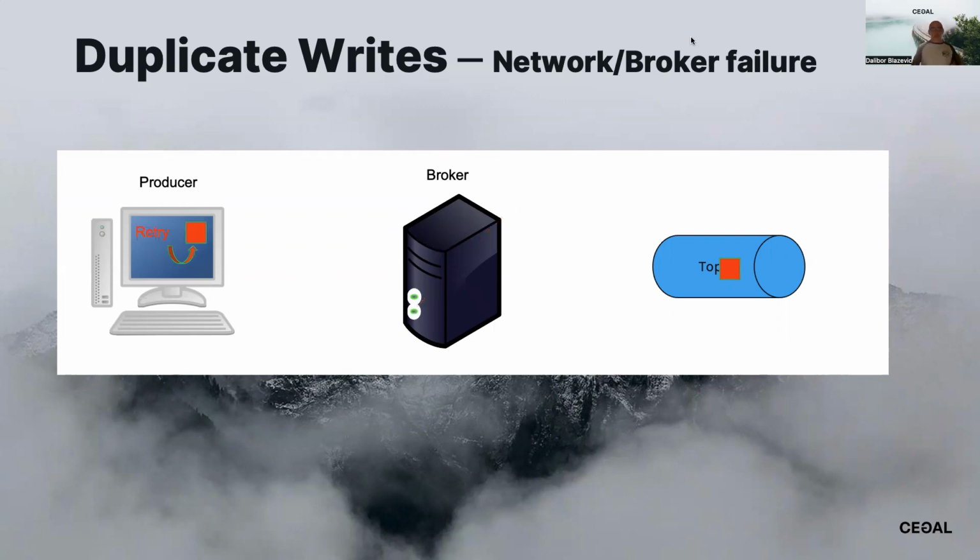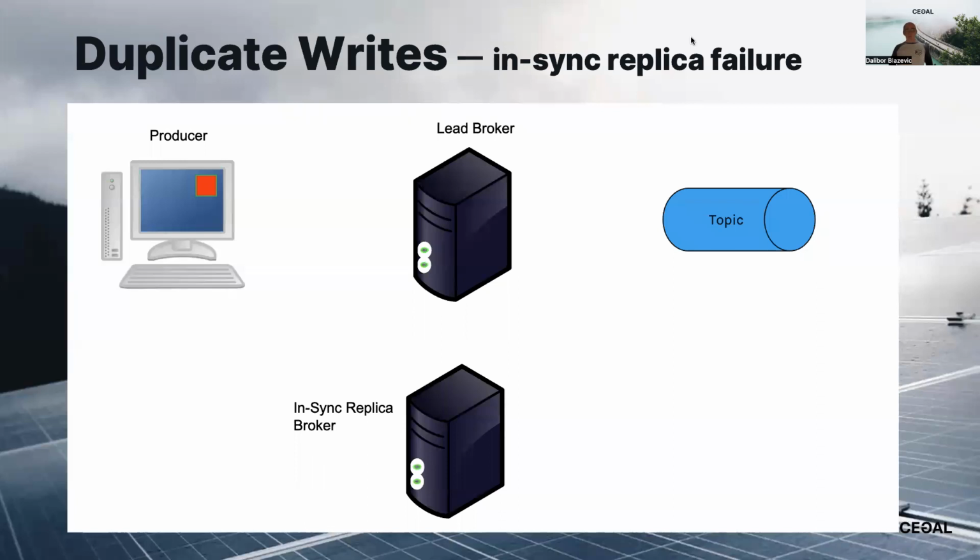Let's say it will try to send it to another broker, or the same broker has restarted. The message is then written again to a broker, and the broker writes it again to a topic, and effectively this results in duplicate messages. Now the correct acknowledgement is sent back, but it's a little bit too late because we ended up with two messages in the topic, two equal messages.